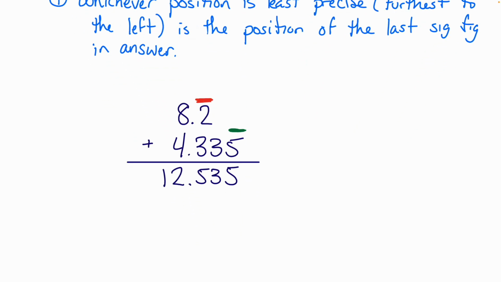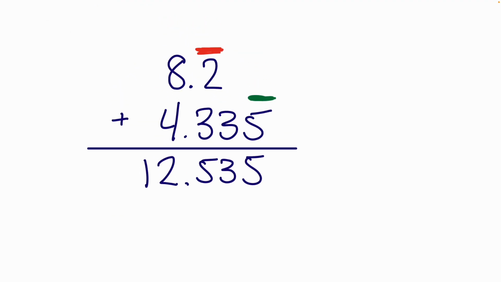So, zooming in here, what do I mean by that? Again, I have these two positions marked. I have my tenths column marked in my first number, and I have this thousandth column marked in my second number. Which one of these is the least precise position? Which one of these sits further to the left, the red or the green?